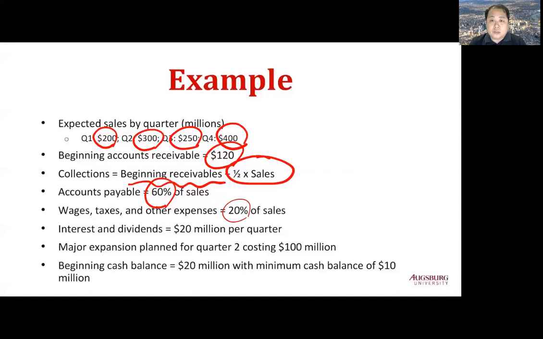Interest and dividends are 20 million per quarter. And in quarter 2, we plan to use $100 million for a major expansion. Beginning cash balance is $20 million, and we always maintain at least $10 million cash.